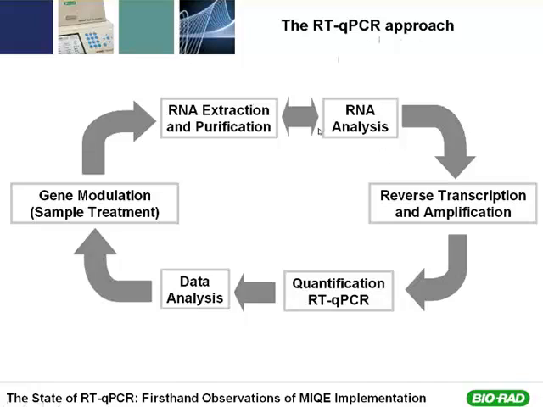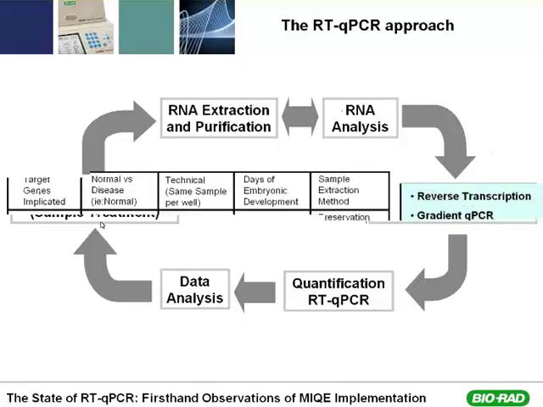Following the analysis of the RNA, and then the reverse transcription reaction, so converting your RNA to cDNA, followed by the qPCR step, obviously on the cDNA, where you analyze the data using what's called the delta-delta CT method, which would be normalized gene expression relative to, in this day and age, at least 2 or 3 reference genes. And then this would follow back to sample treatment for a second experiment, or if you're optimizing experiments.